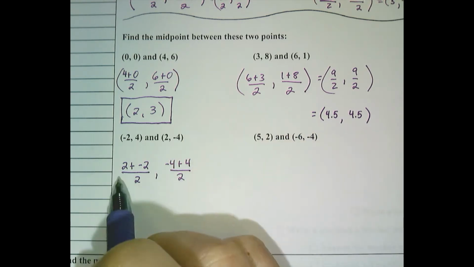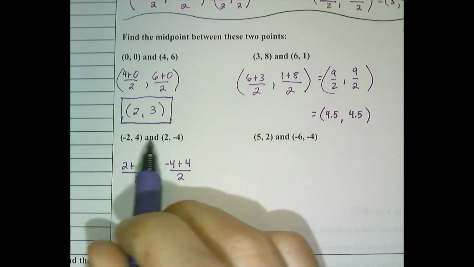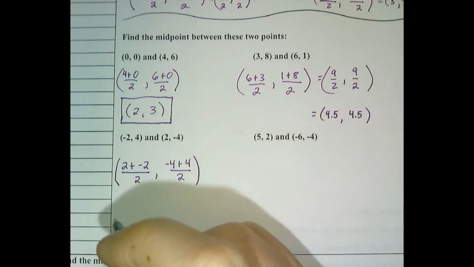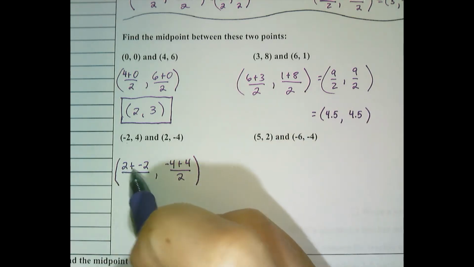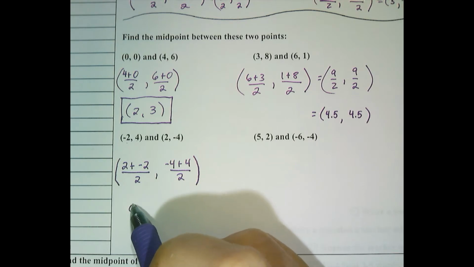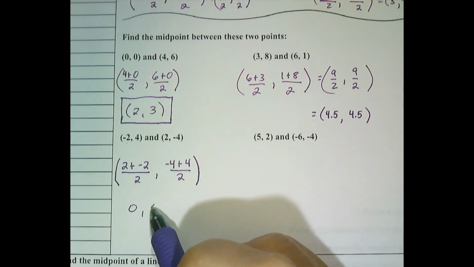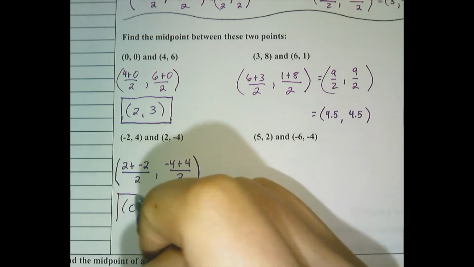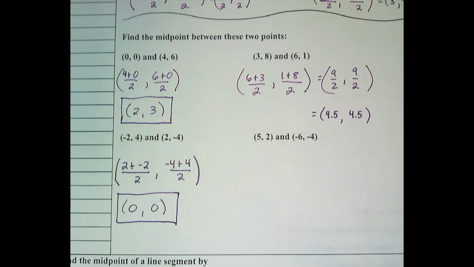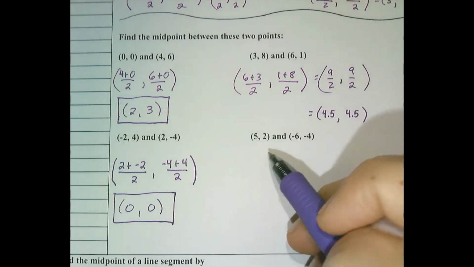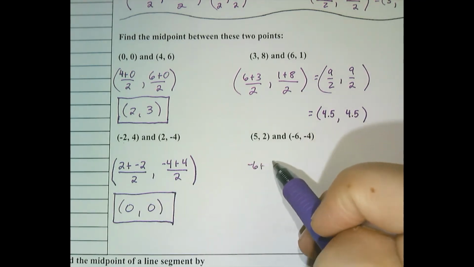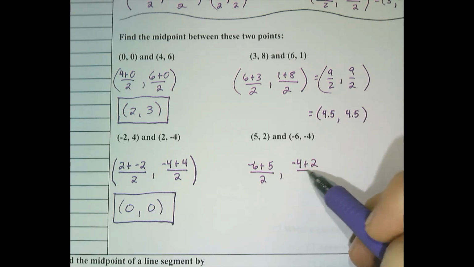On the next one, we average and we see they're just opposite signs of one another. So there's what's called odd symmetry going on there, and we should get something unique. The 2 and the -2 cancel out, the -4 and the 4 cancel out, and we get the midpoint at 0, 0. And the last one, 5 and -6, and 2 and -4.